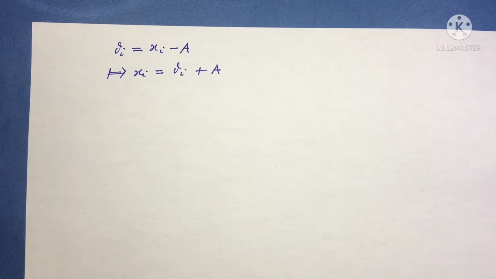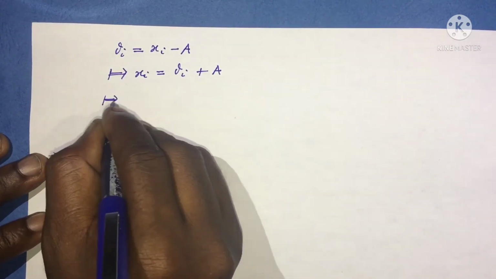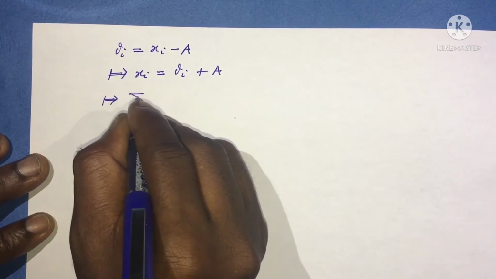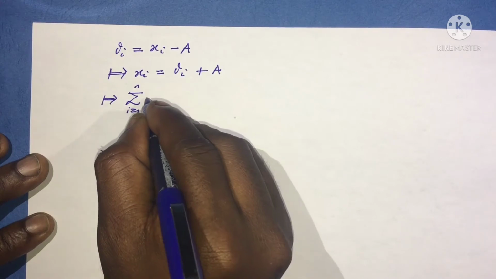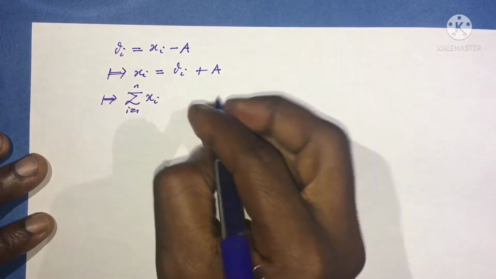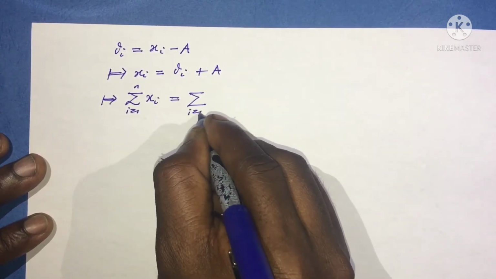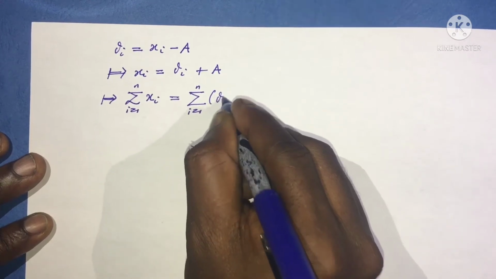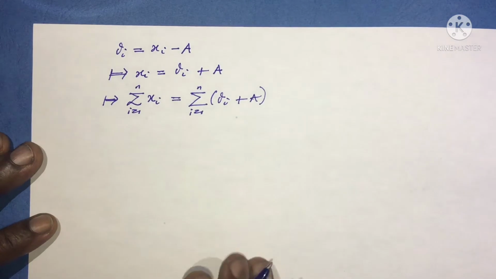If there are no frequencies, then I can take the summation of both sides from i equals 1 to n. If I take the summation of the left hand side, it will require me to take the summation from i equals 1 to n of the right hand side.